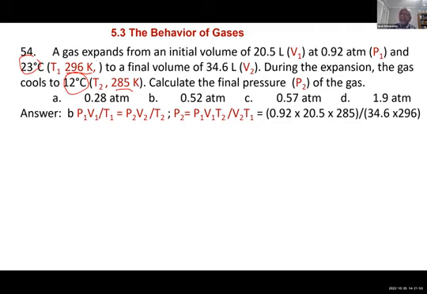So when you did the calculation, plugging in T1 value, V1, T2 divided by V2, you label whatever the variables given in the problem. So when you calculate that, you get 0.52, which is the B.